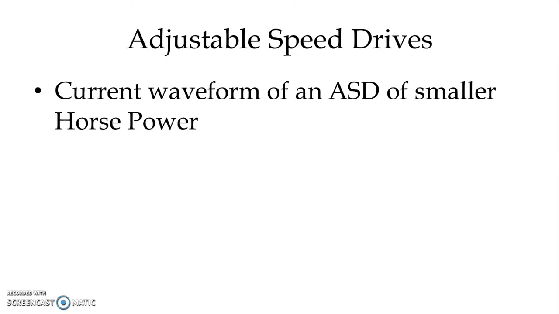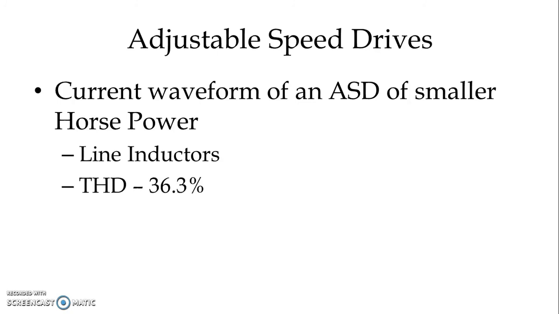Now let us see one current waveform while the adjustable speed drive is operating at 50 Hz, but we have now considered a small motor with a smaller horsepower and with a line inductor on the input side. This type of drive contains line side inductors which, along with the higher inductance of the motor, produce a current waveform with less distortion.